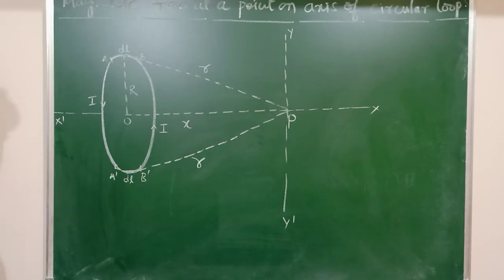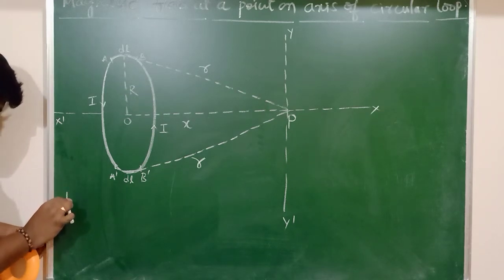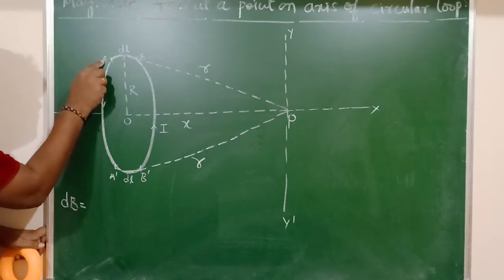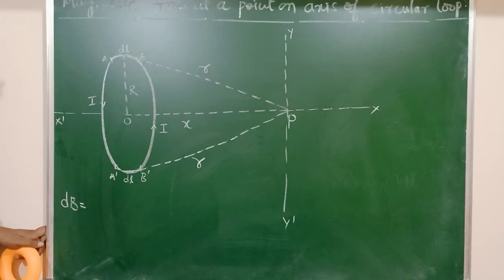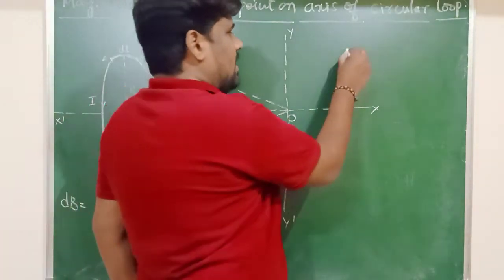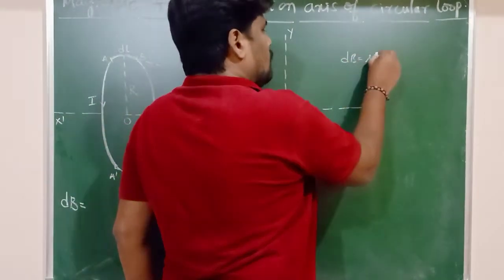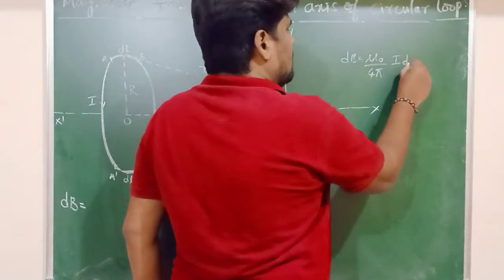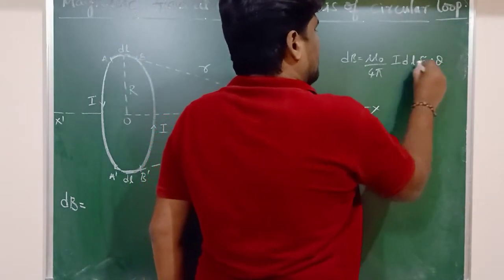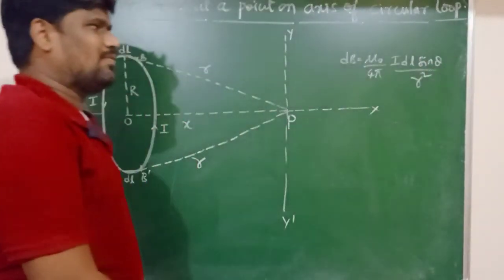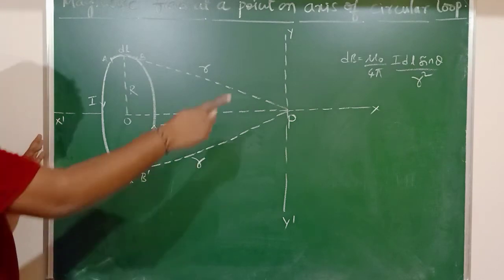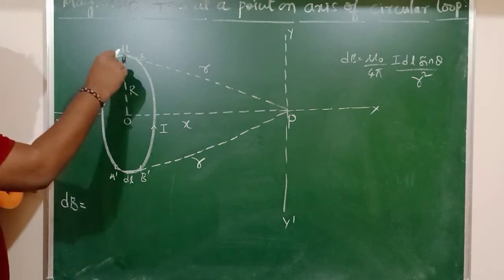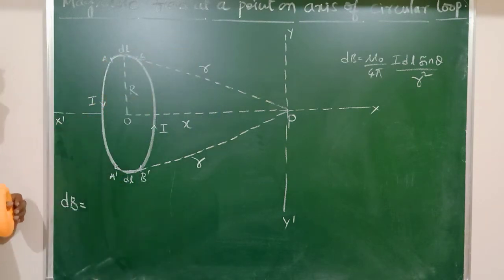Using Biot-Savart law, I can write the magnetic field at point P due to the first current element, that is AB. That was discussed in yesterday's class. What is the magnetic field? dB equals mu naught divided by 4 pi, I dl sin theta, divided by R square. This is the formula: dB equals mu naught by 4 pi, current flowing through the element, length of the element, sin theta, divided by R square.